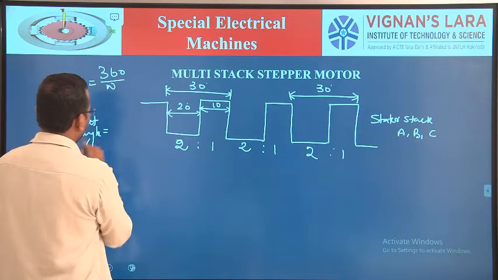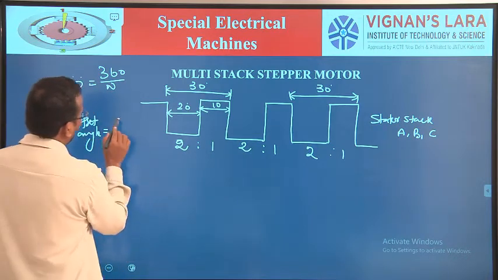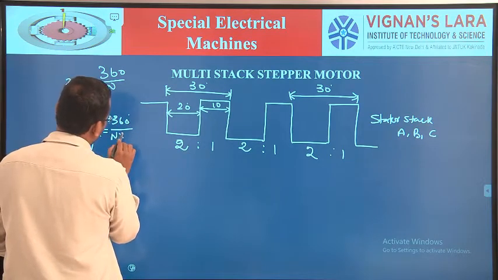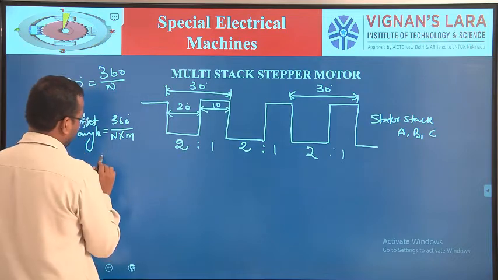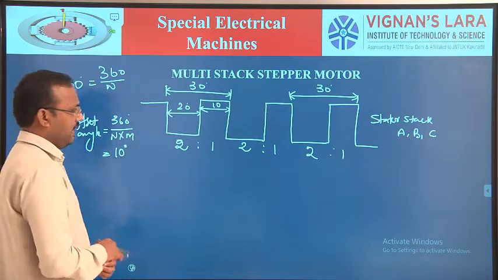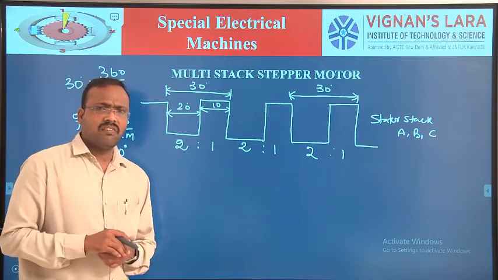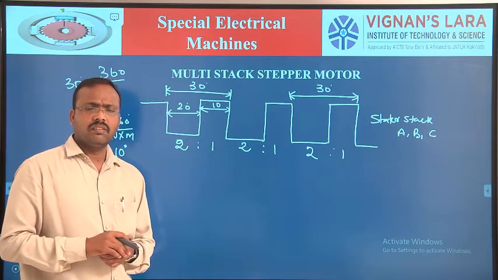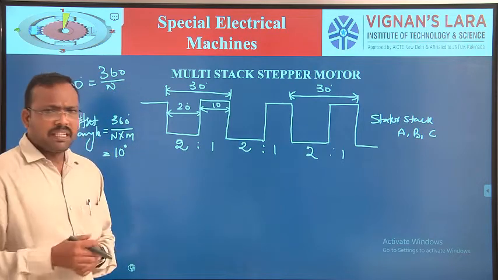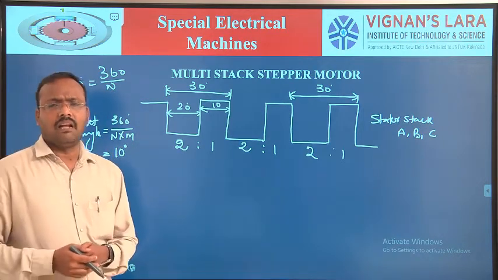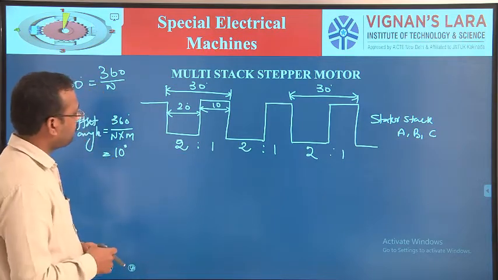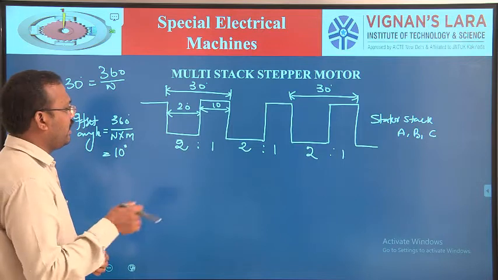It is equal to 360 upon N into number of phases. So offset angle is 10 degree. So each stator phase moves by an offset angle of 10 degree. Okay, now see how it will work.